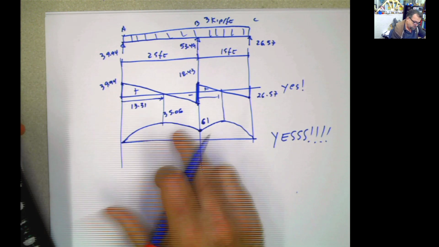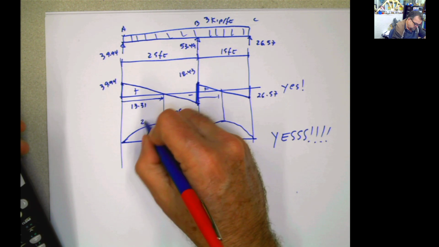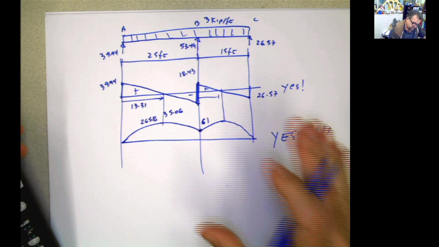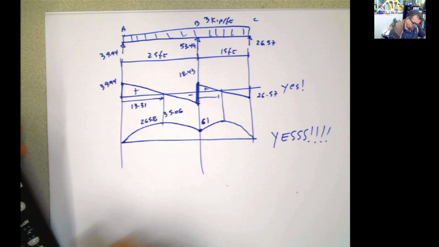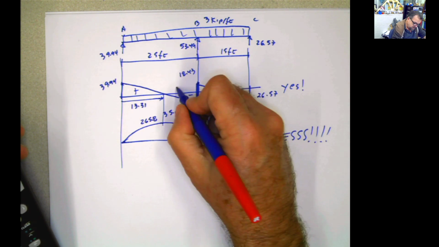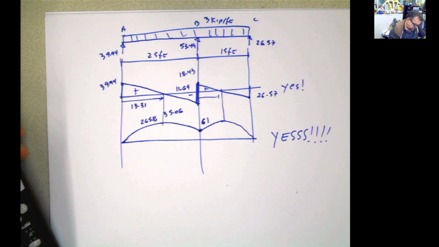If you want to know how much is this value, it's going to be 39.94 times 13.31 divided by 2. This is going to be 265.8. I'm doing this live, guys. I don't have results. And if I subtract this area, if this is 25, this is going to be 11.69.